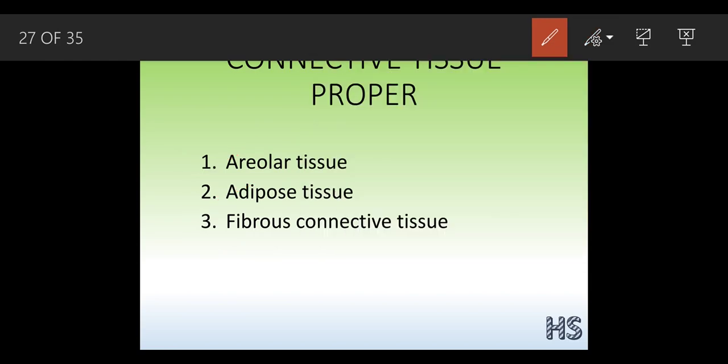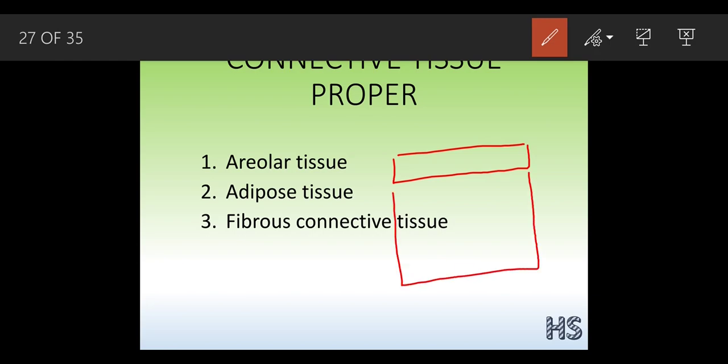Areolar tissue is present beneath the epidermis of the skin. Basically there is a chapter called skin, so you are going to learn about it in that chapter. Suppose this is a single layer of the skin.